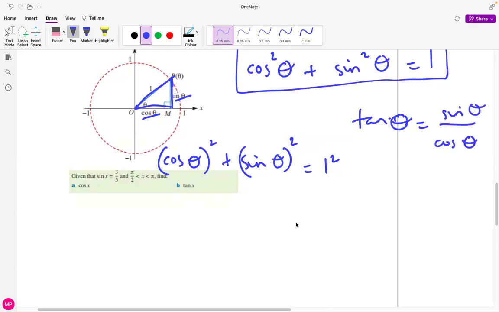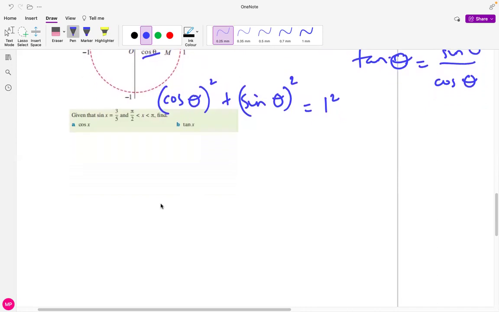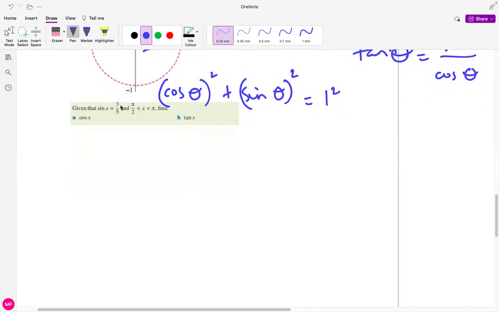Okay. Now here I have the angle x, sine of x equals 3/5. They give me the domain where they are. They are occupied by cos theta. So I'm going to use the formula sine squared of x plus cos squared of x equals 1. And then I substitute in. So sine of x is 3/5.